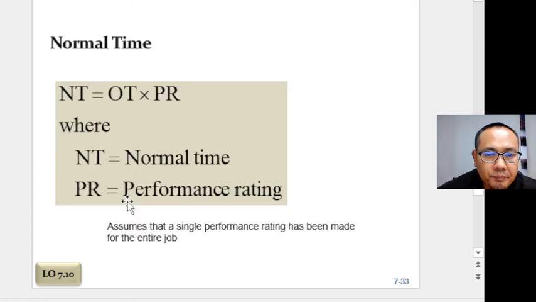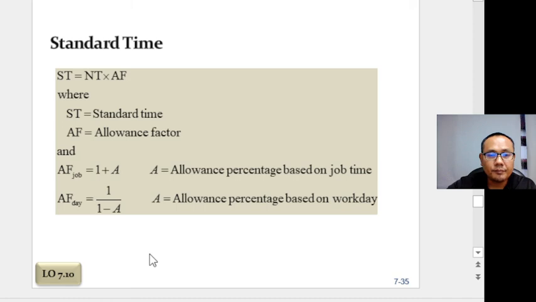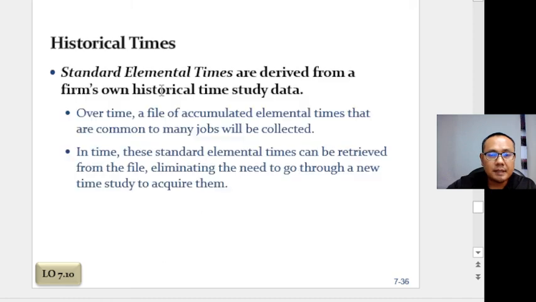Observed time. Normal time: assume that a single performance rating has been met for the entire job. Standard time, and other than that, historical time standard elements. Elemental times are derived from a firm's own historical time study data.